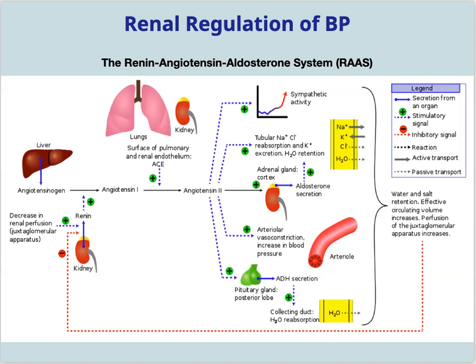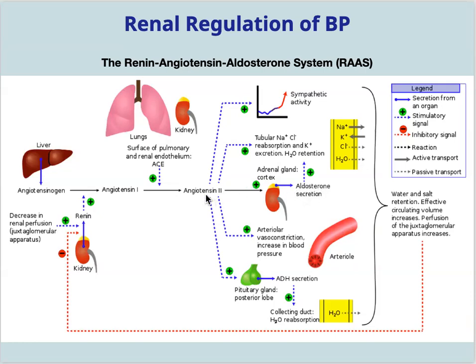Now, when this angiotensin II in the blood reaches the adrenal gland, it causes the synthesis and release of aldosterone. Okay, so from this point on, this takes a course that we just discussed in the last slide, which is aldosterone then causes increased sodium reabsorption along with increased potassium secretion.